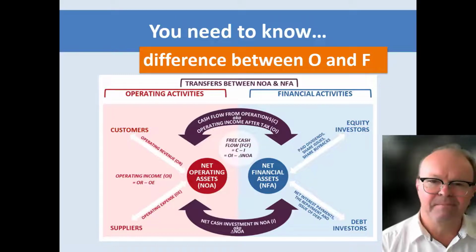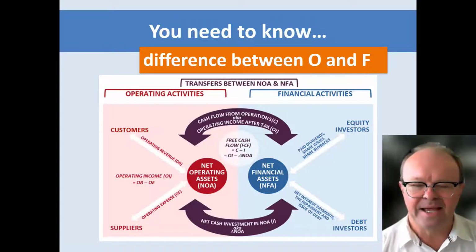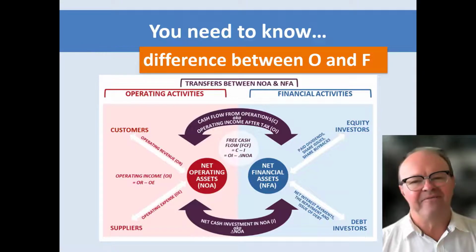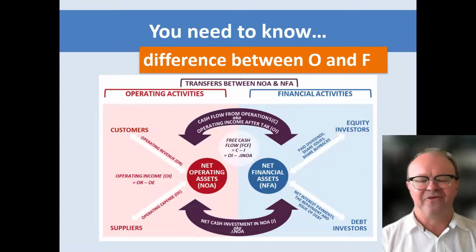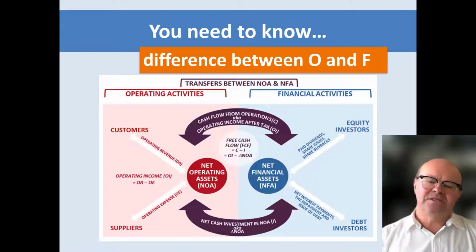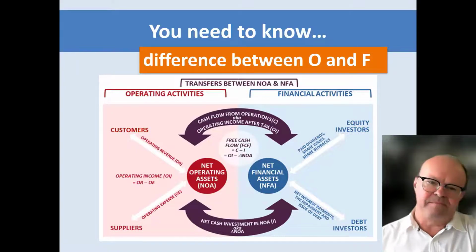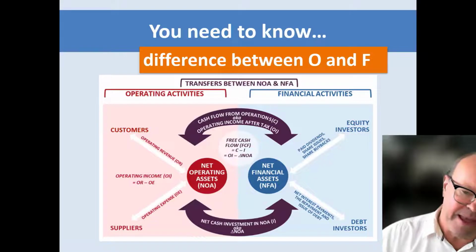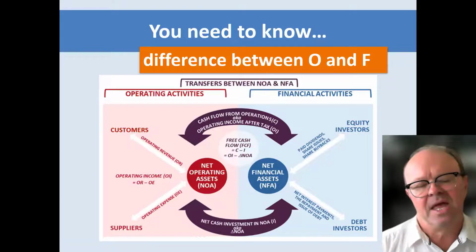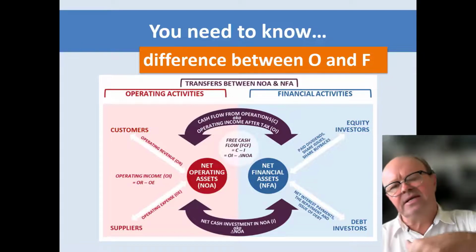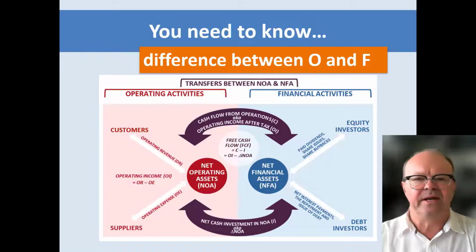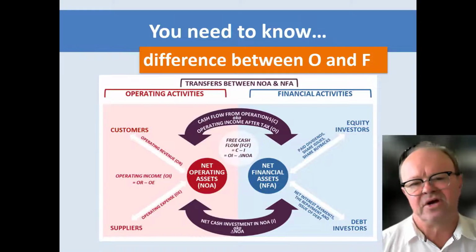It's piling money into its net operating assets like there's no tomorrow. $500 million of investments into new retirement villages and so forth every year. So it's borrowing money basically from the banks and putting it into its operating activities. So they've got these interactions, these transfers between net operating assets and financial activities going on.